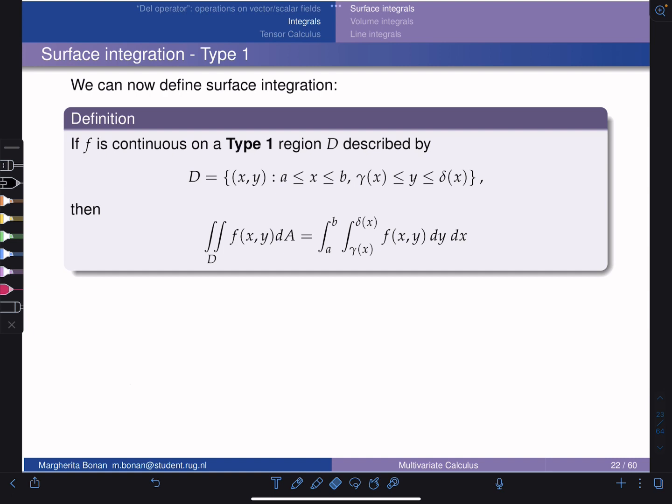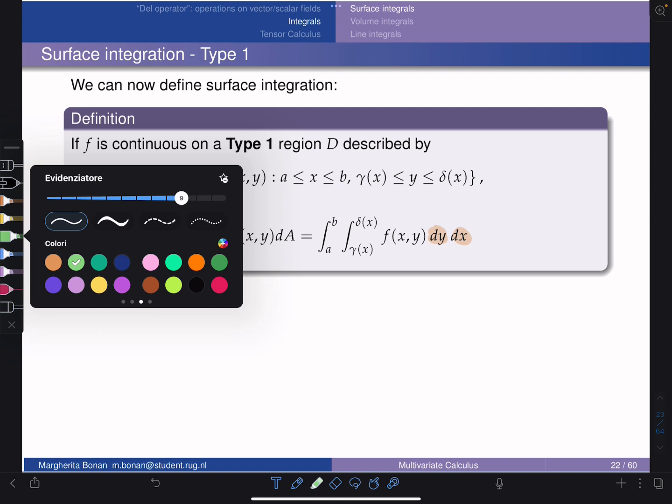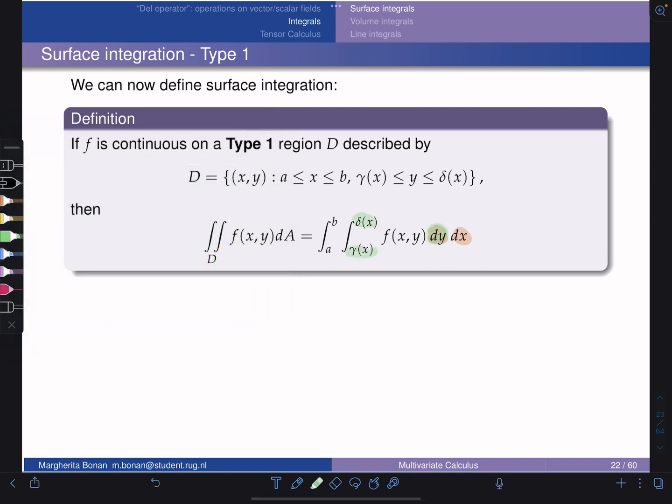We have to be careful that dy and dx appear in this order, because dy refers to gamma and delta, since y goes from gamma to delta, while dx has to appear after, since x goes from a to b.